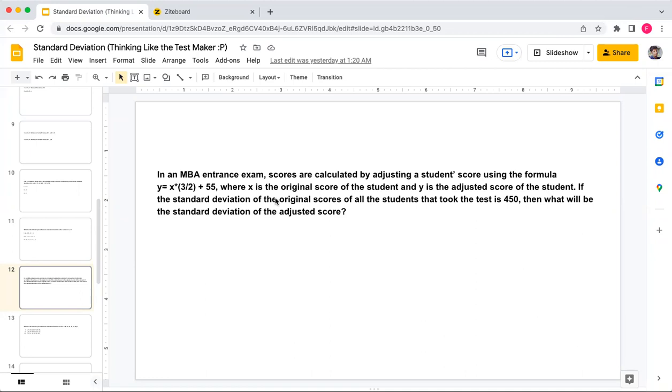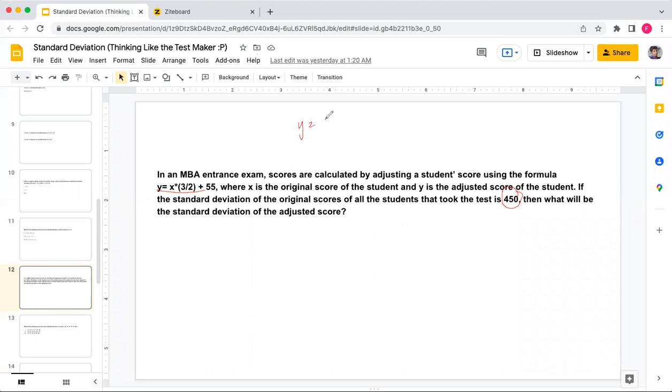The question says that in an MBA entrance exam, scores are calculated by adjusting a student's score using a formula. We are provided with this formula, where X is the original score of the student and Y is the adjusted score. If the standard deviation of the original score X is 450, then what will be the standard deviation of the adjusted score? This is exactly the same concept we discussed earlier, about adding, subtracting, multiplying and dividing.